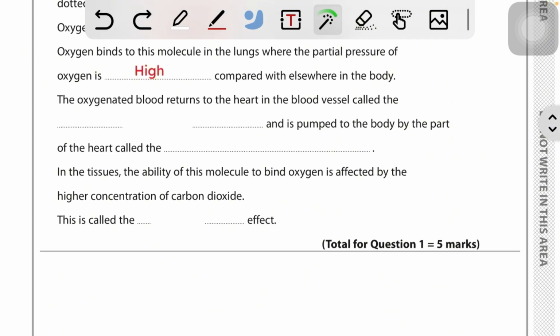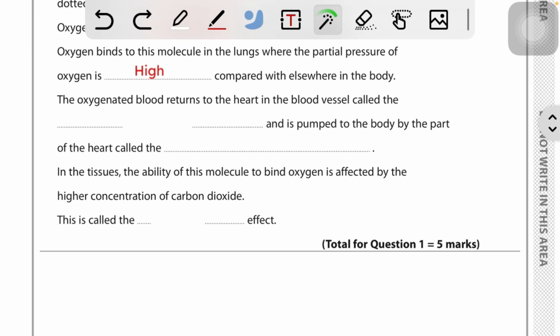The oxygenated blood returns to the heart in the blood vessels called the dash and is pumped to the body by the part of the heart called the dash. Okay, so from where does the oxygenated blood return to the heart in the blood vessel?